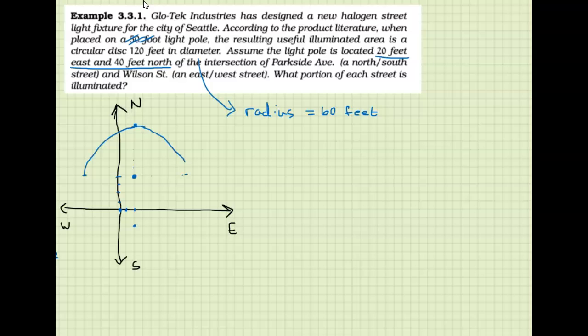This circle denotes the illuminated area. Let's fix this a little bit. I made it worse, didn't I? So the light pole is right here, and the light is shining and illuminating this circle area right here with a radius of 60 feet.